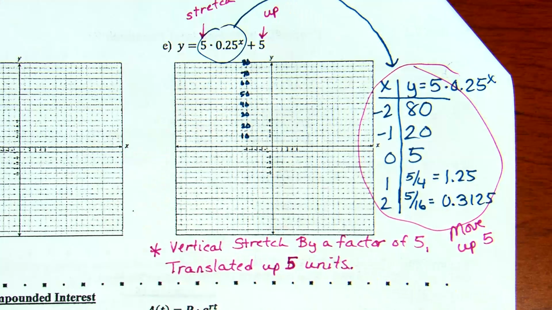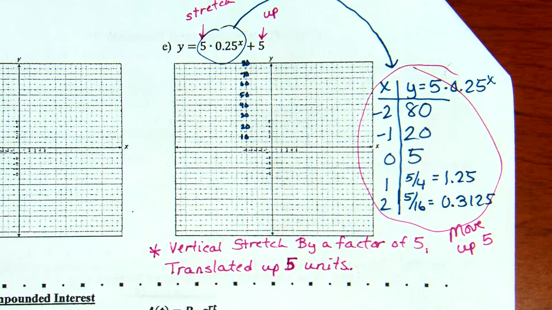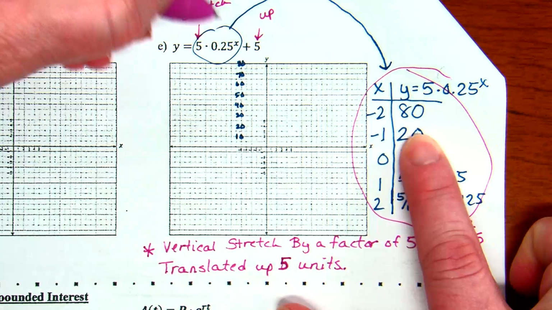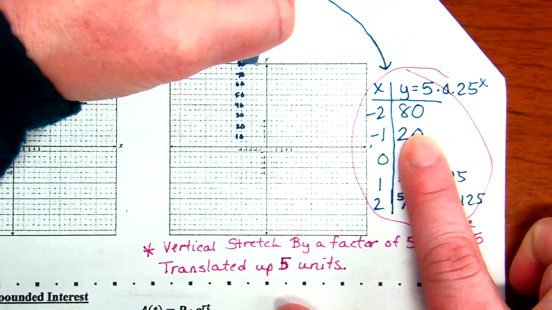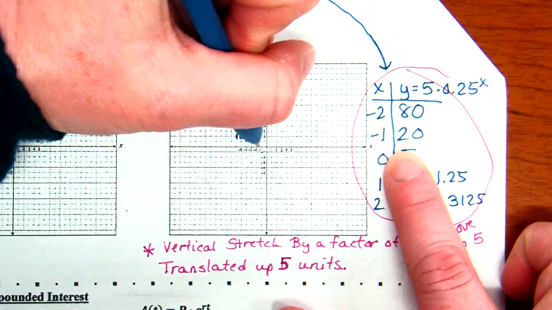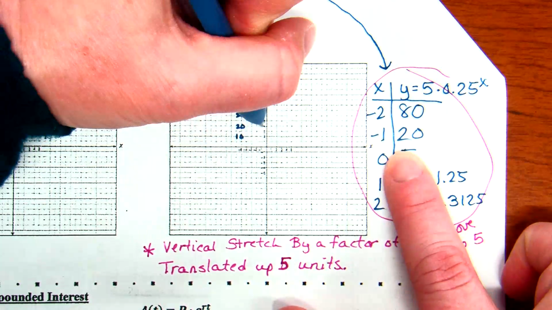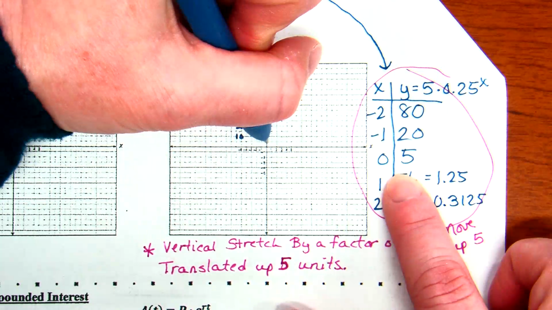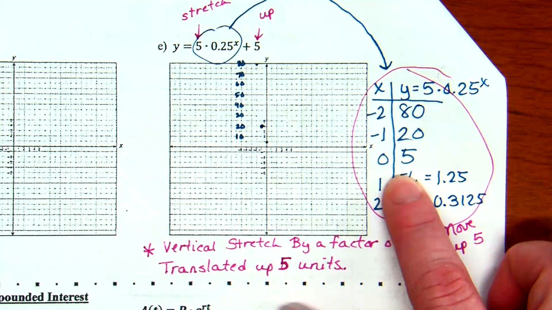Negative 280 means I'm going left 2, up 80. Negative 120, left 1 and up 20, which is basically up 4 lines. 0.5, which is only up 1 line. 1 5/4, so that's going to be right 1.